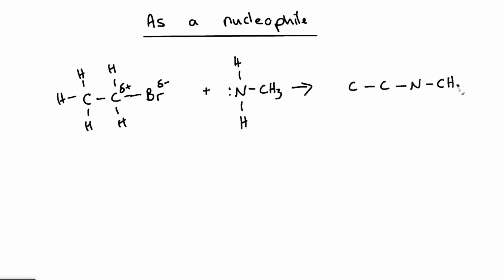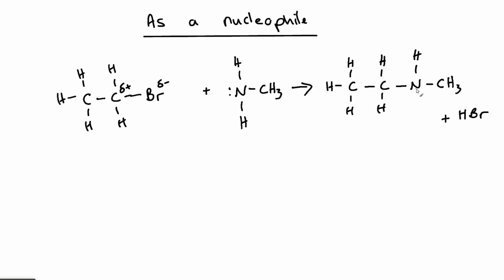And we will form this molecule overall, we'll get that, and we will get HBr. So there we have an example of a chemical reaction involving an amine in which it acts as a nucleophile.